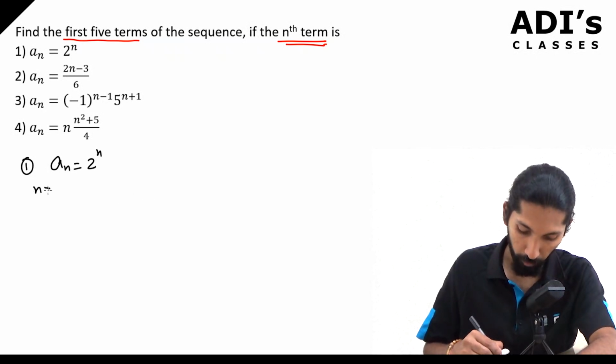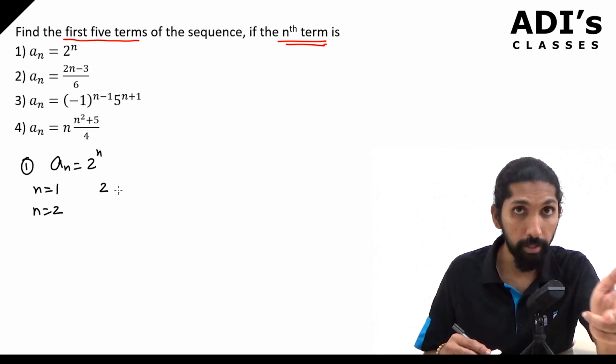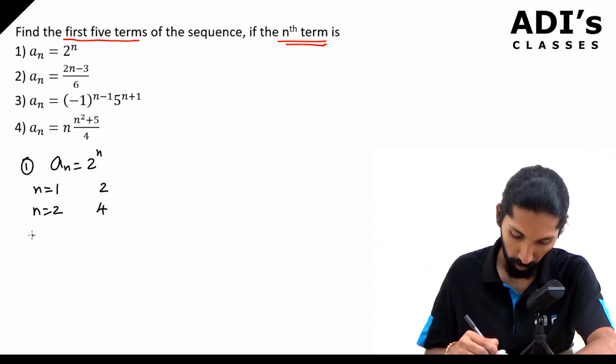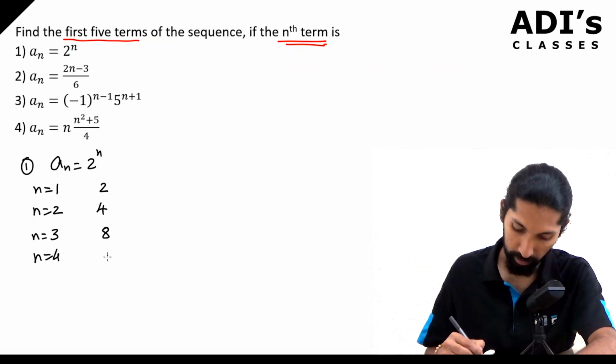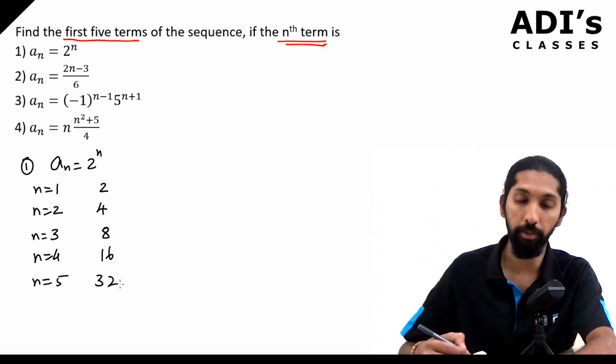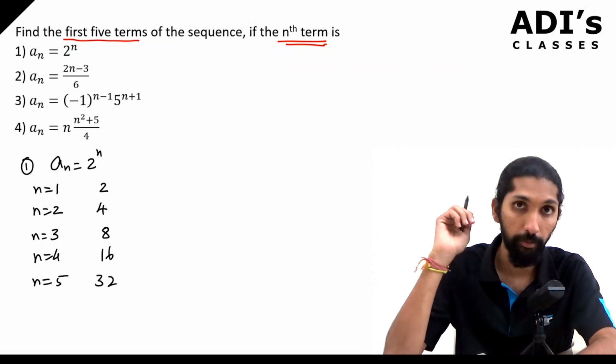So take n as 1, 2. Take n as 2, 2 square, which is basically 4. Take n as 3, 8, then 16. If you take n as 5, we get 32, that's basically 2 to the power 5.